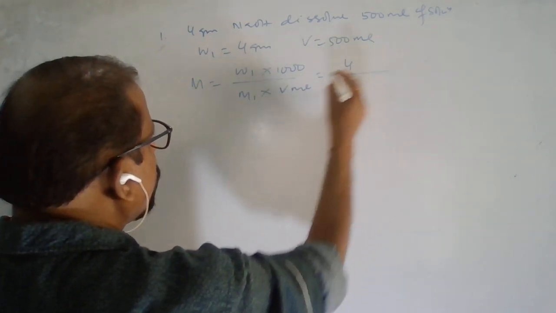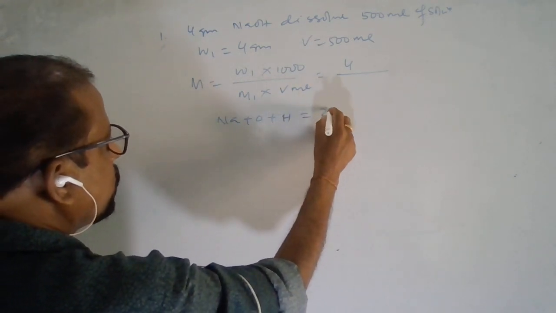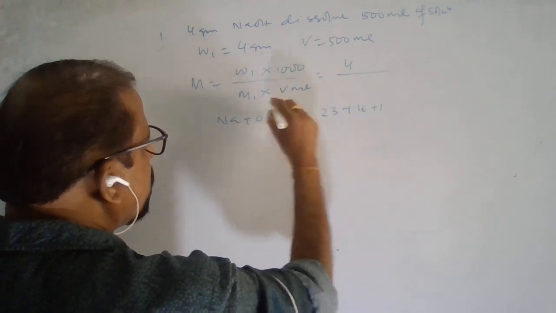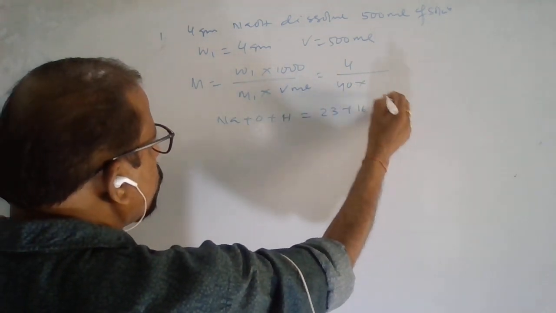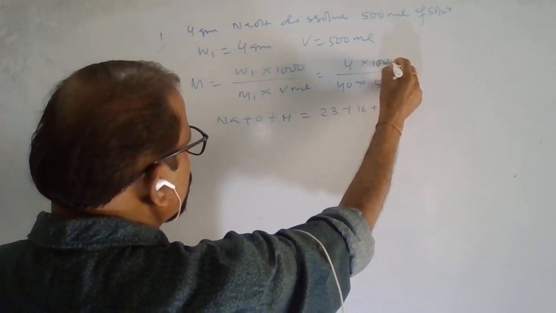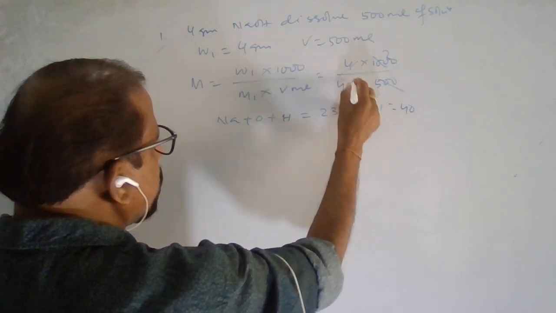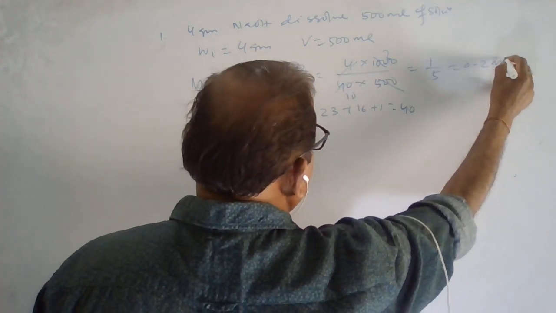W1 is 4, and sodium hydroxide's molecular mass is 23 plus 16 plus 1, that is 40, into 500 into 1000. So it will be cancelled, it will be 2 by 10, that is 1 by 5, or 0.2 M.